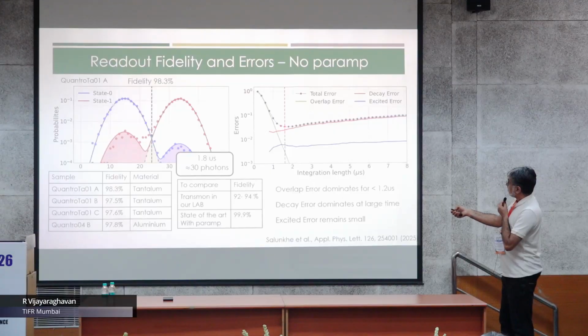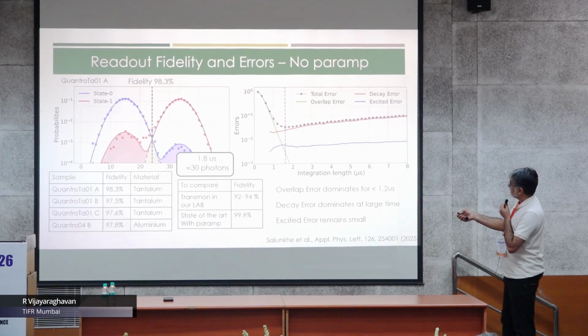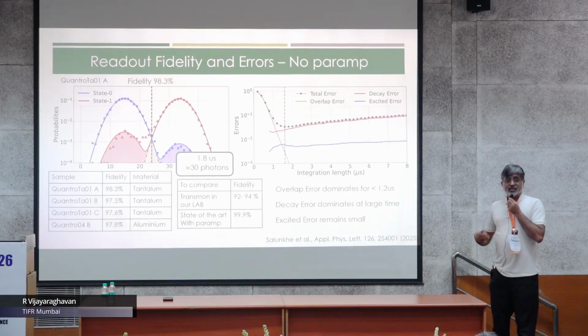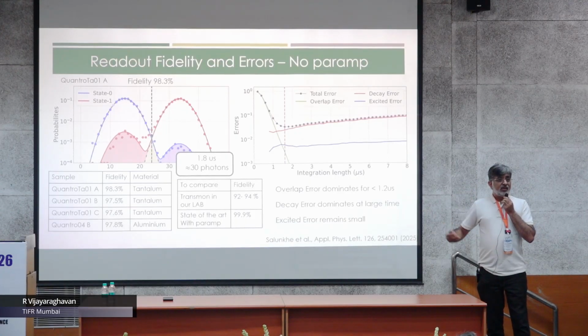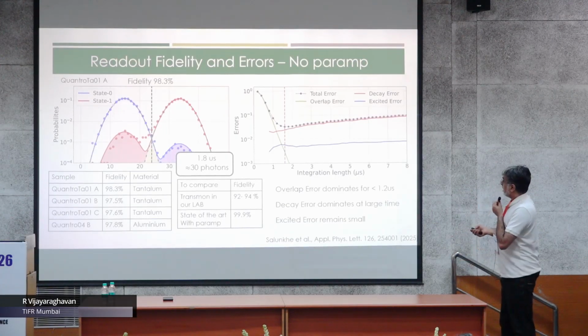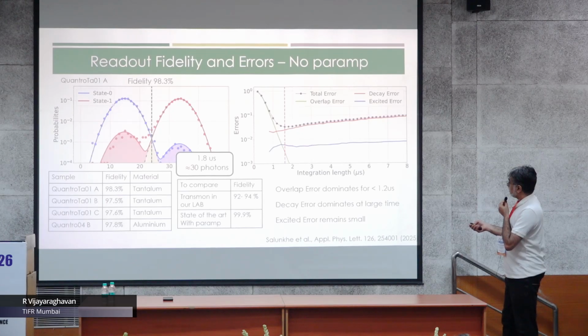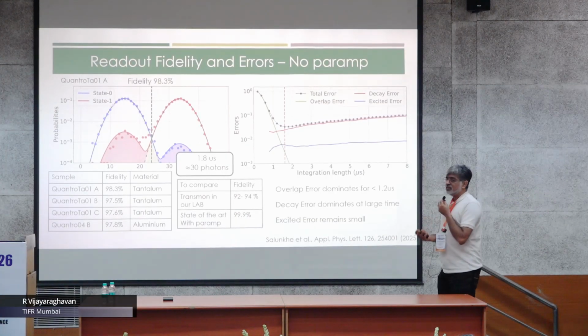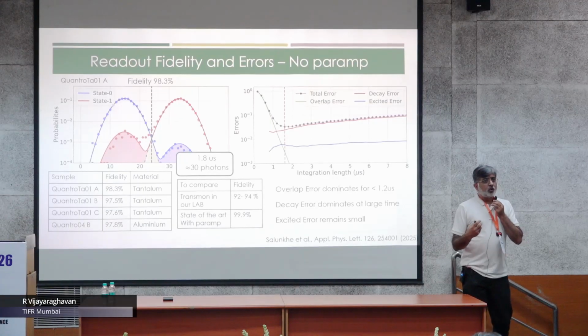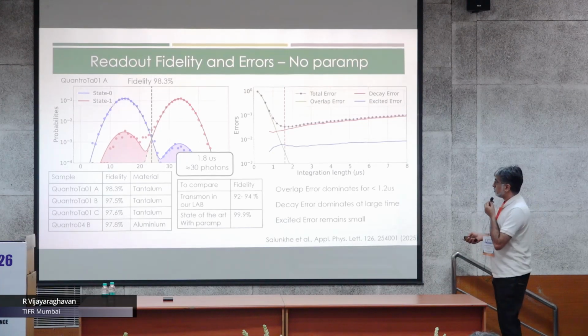But after some point, the error which causes the ground state to go to the excited state starts to increase, and that's basically the qubit decaying, because it has a finite lifetime. But the errors which cause the ground state to get excited remain at least 1 order of magnitude lower and increase only slowly. So this is sort of evidence that this system seems to be more tolerant to large photon numbers.